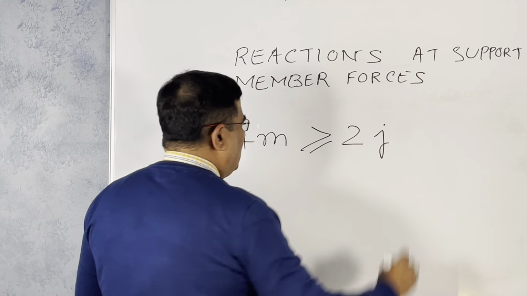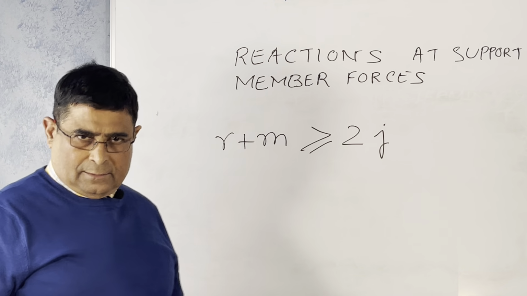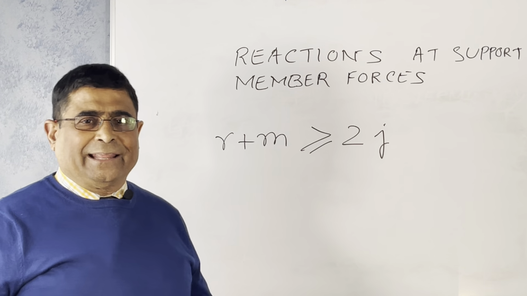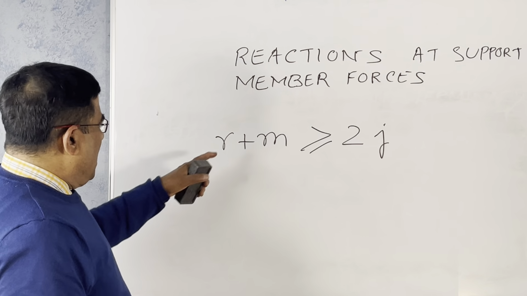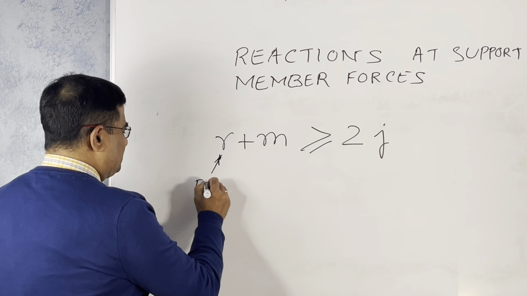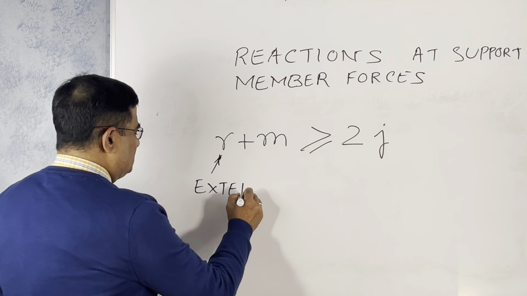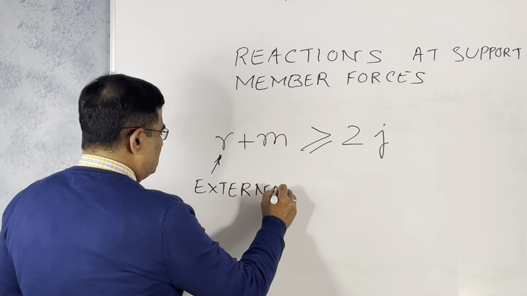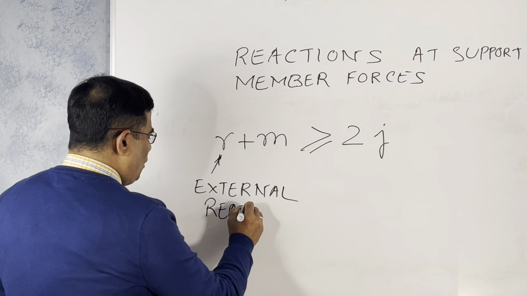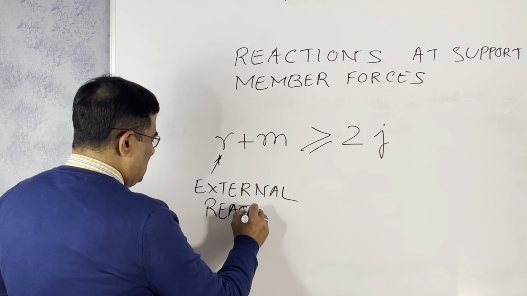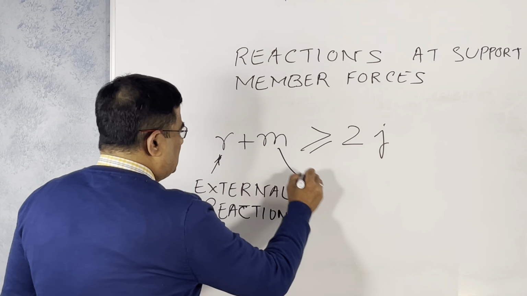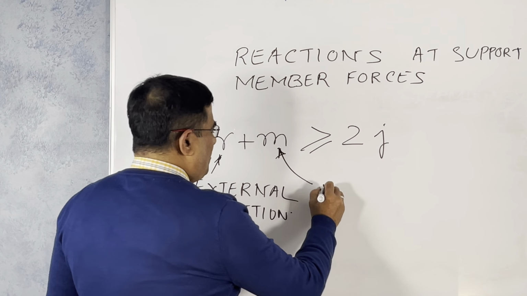We'll discuss more when we analyze trusses. R is the external reaction, not all the forces. M is the number of members.